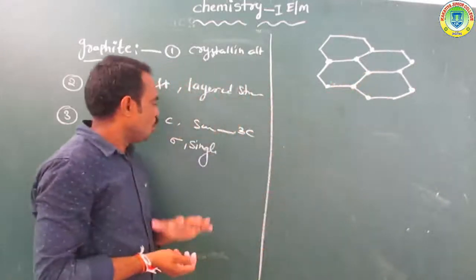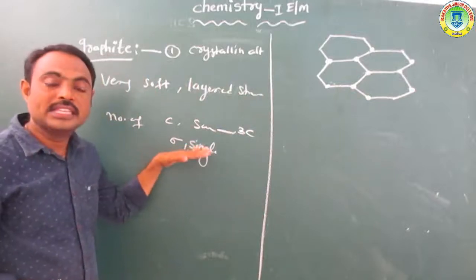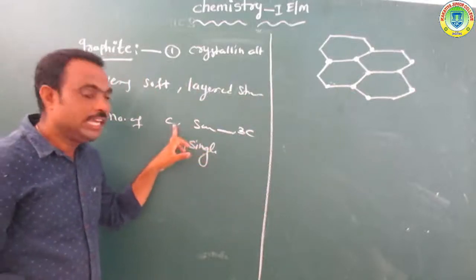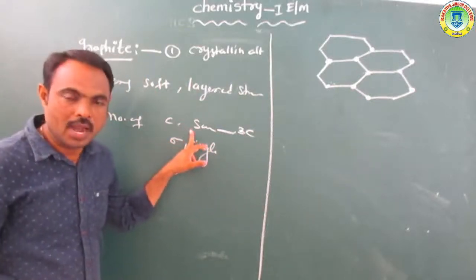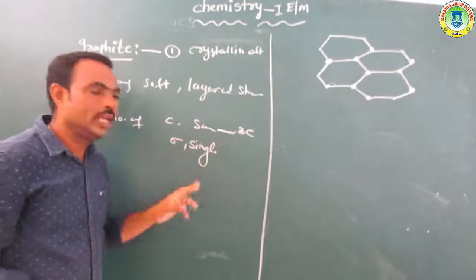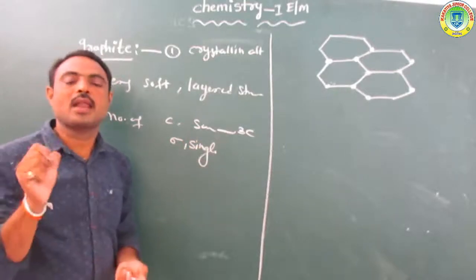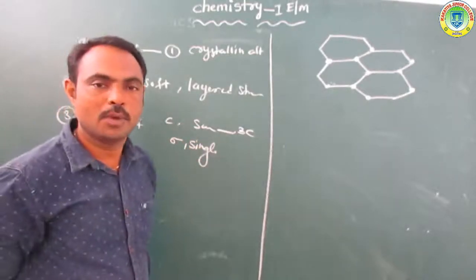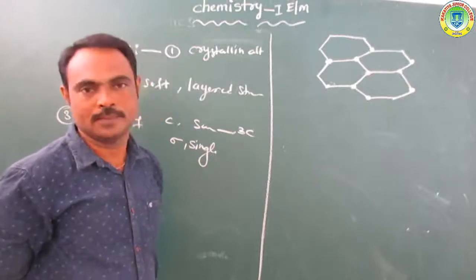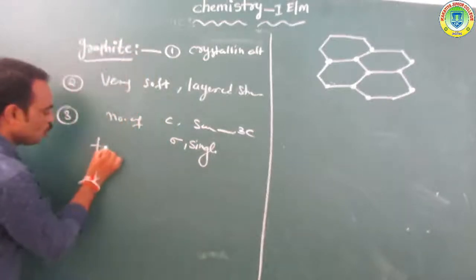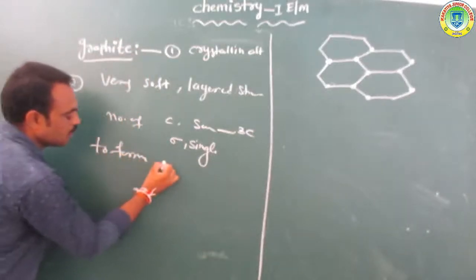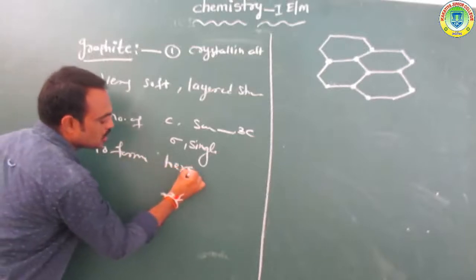So overall, in graphite, each carbon atom is attached to the surrounding 3 carbon atoms with sigma or single bonds, forming a hexagonal structure.